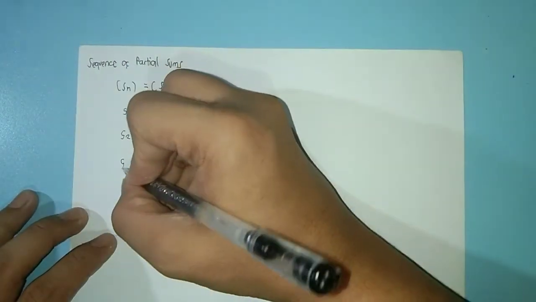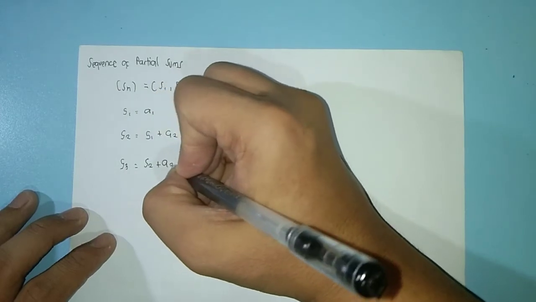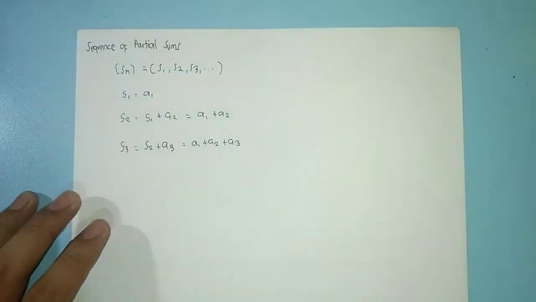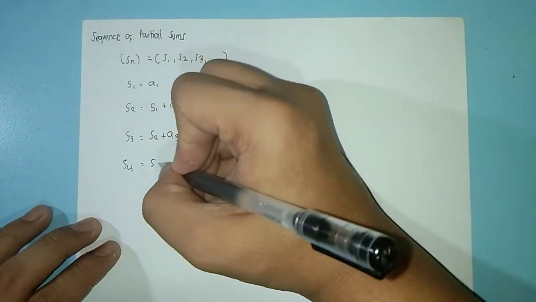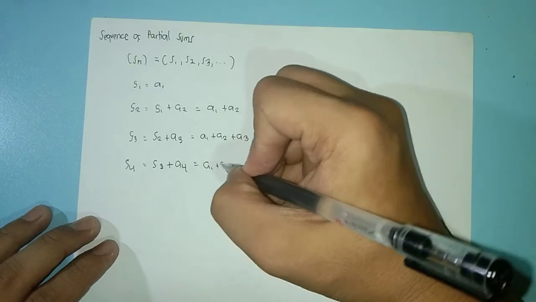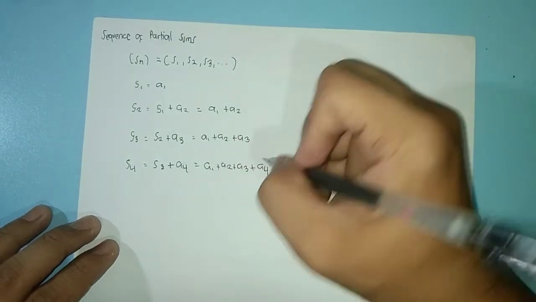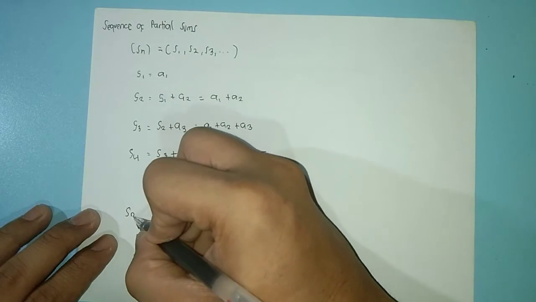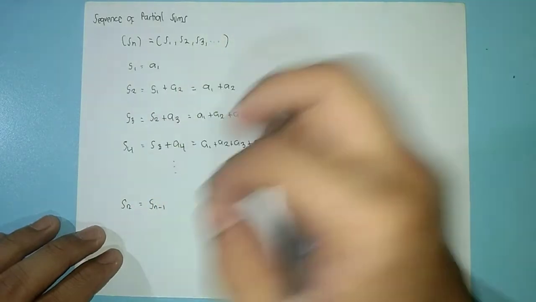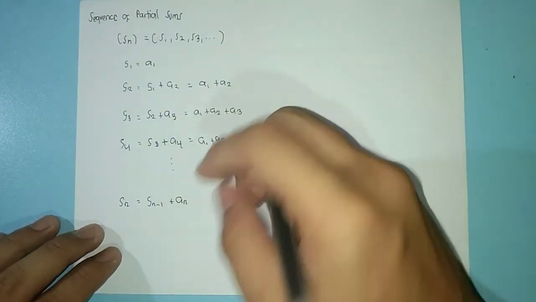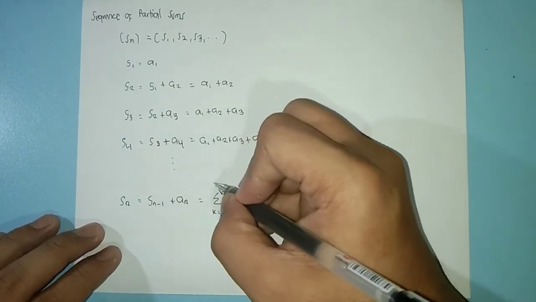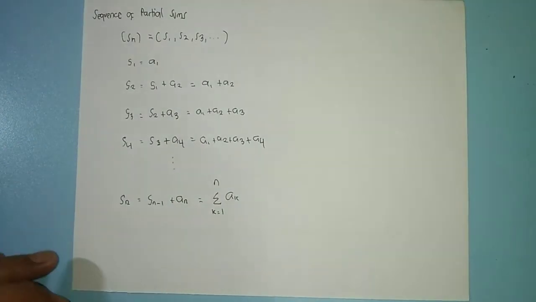Then for s sub 3, that is s sub 2 plus a sub 3, or this is a sub 1 plus a sub 2 plus a sub 3. For s sub 4, that is s sub 3 plus a sub 4, or that is a sub 1 plus a sub 2 plus a sub 3 plus a sub 4. And so on up to s sub n. So this is s sub n minus 1 kung mapapansin nyo plus a sub n, or this is equal to summation of a sub k, k equals 1 to n for our sequence of partial sum.